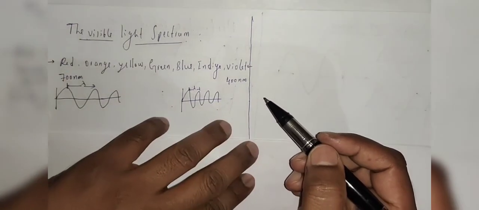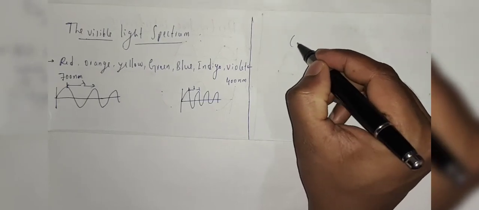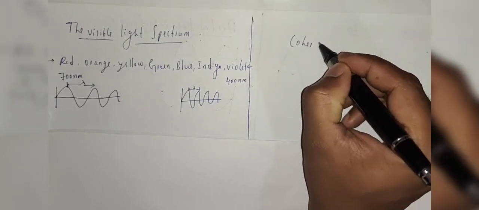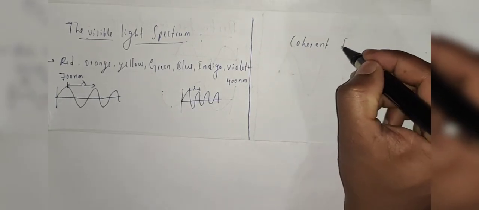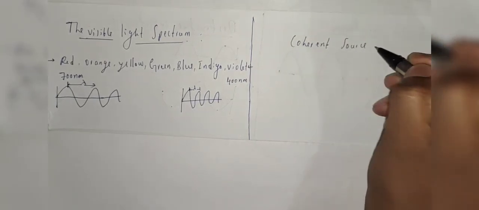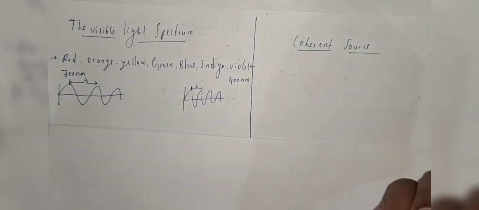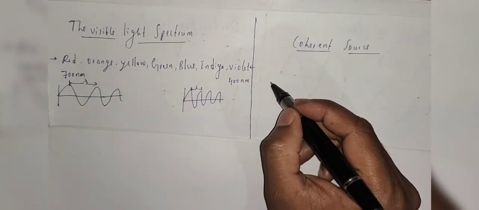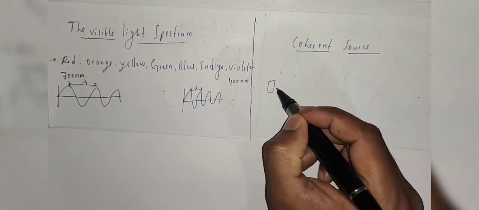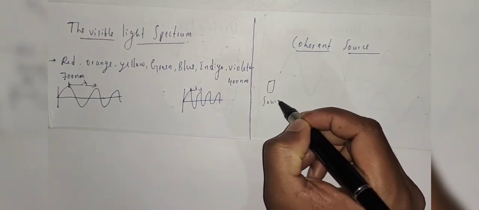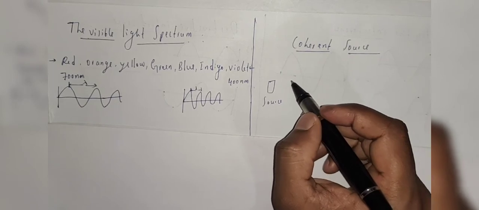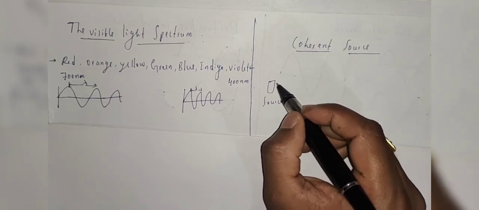Okay, now let us see what is a coherent source. Here, let us suppose there is a source and from this source waves are emitting.